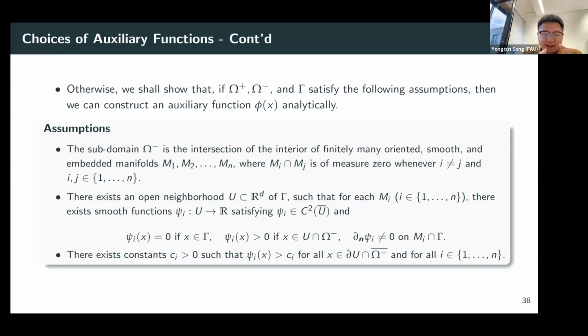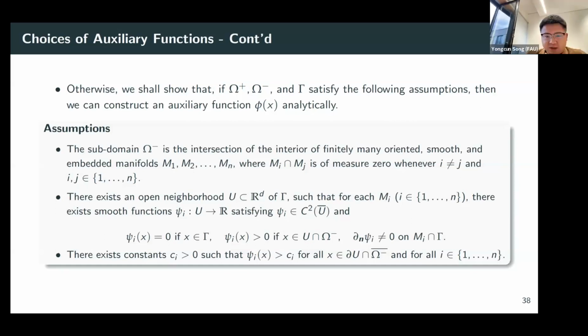the gamma is the zero level set of some functions. These functions are not continuous on the whole domain, but only smooth on an open neighborhood of the interface gamma.